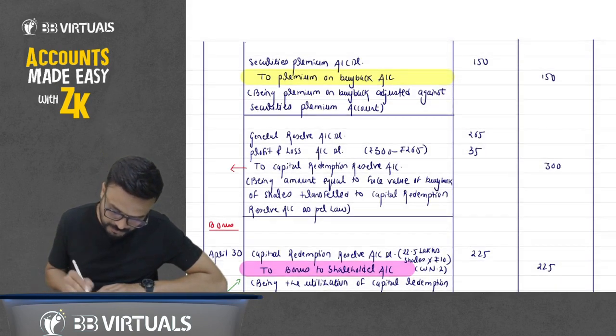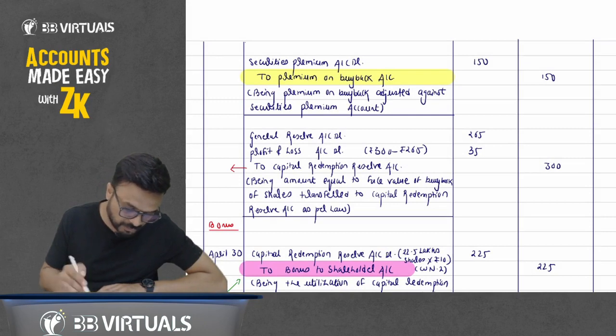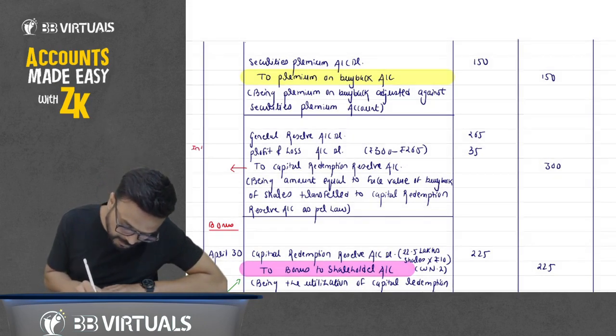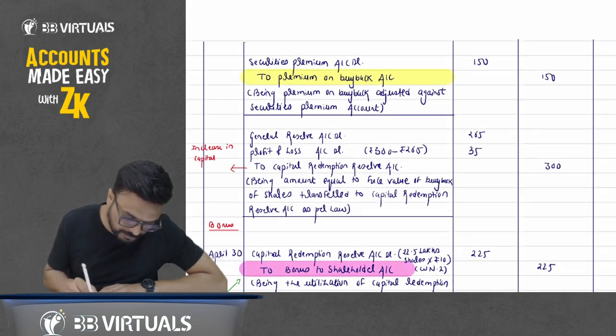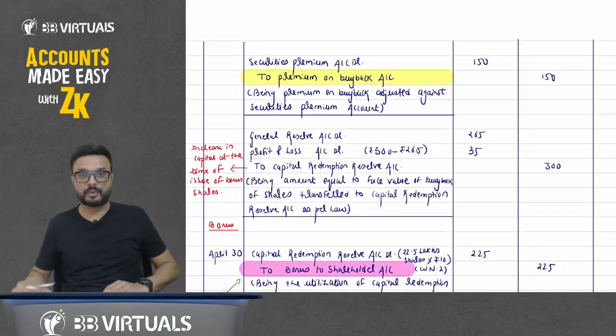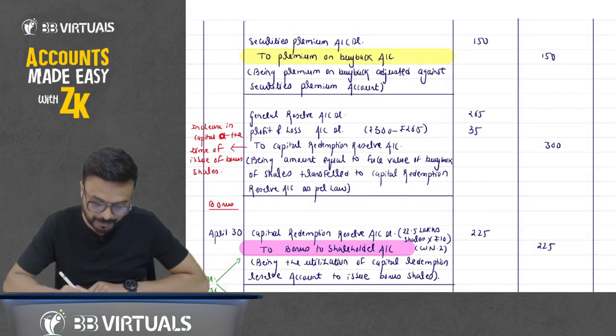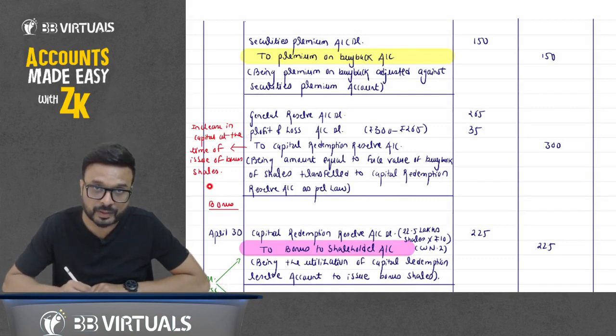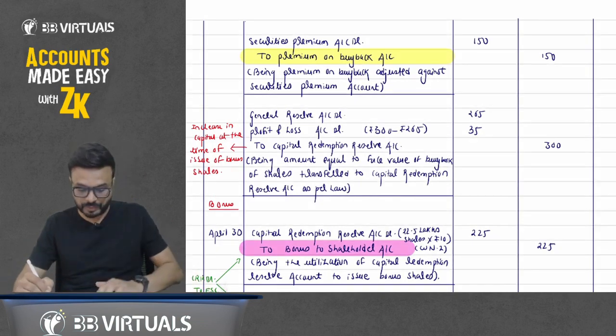If you have transferred to CRR account, there will be an increase in capital at the time of issue of bonus shares, because CRR can be utilized only and only for the purpose of bonus issue.